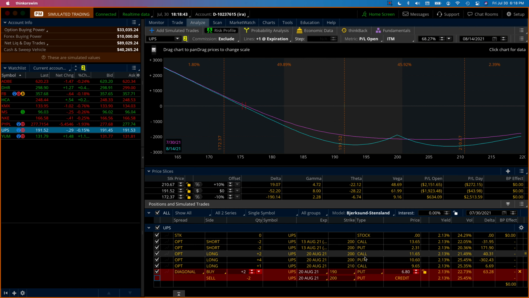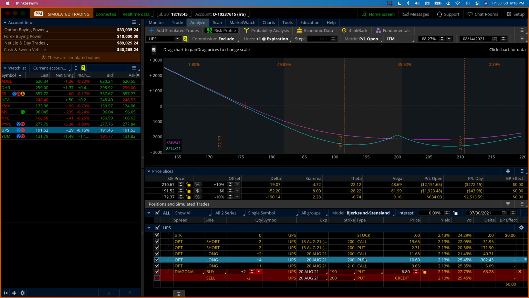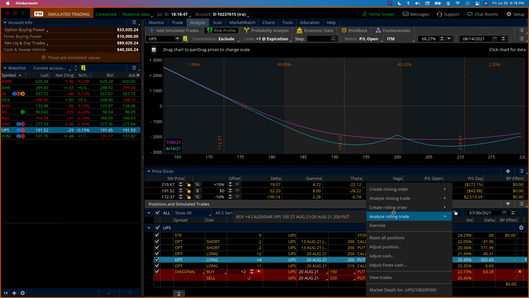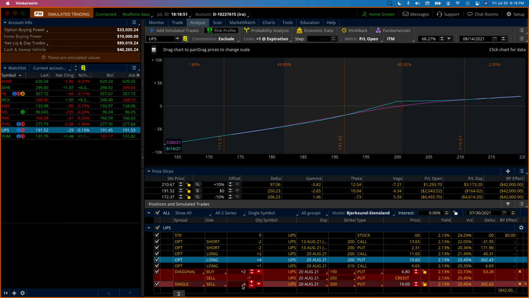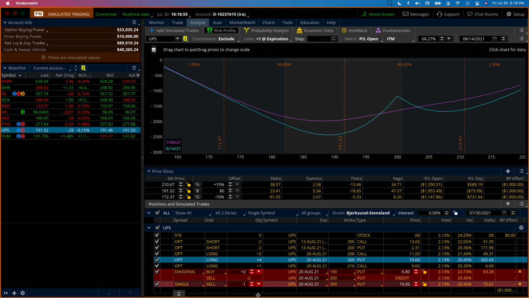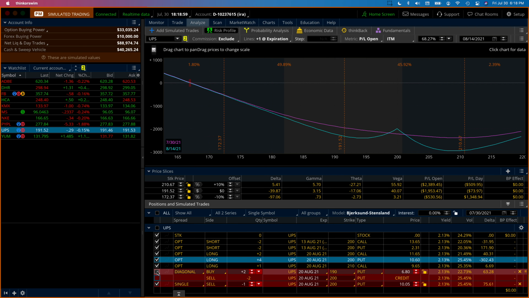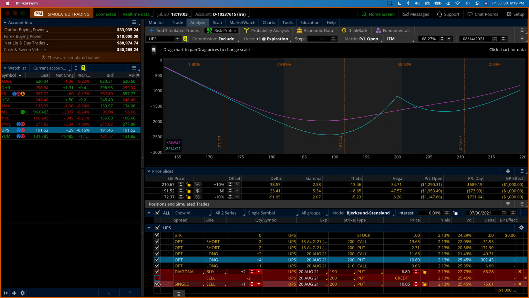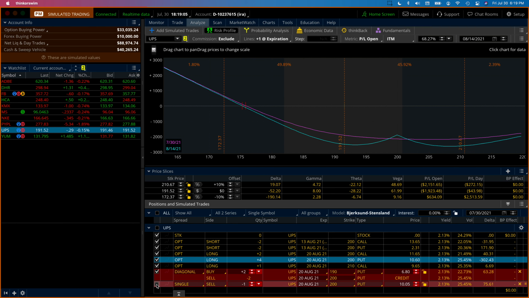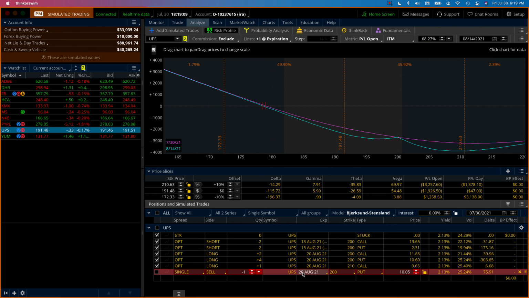So let's go and sell instead of doing the roll down. Let's just close one of the puts. Just sell one of the puts. Okay, now that becomes 39. Not much different, is it? Versus 52. Well, 39 is better than 52. So let's just sell the one put.